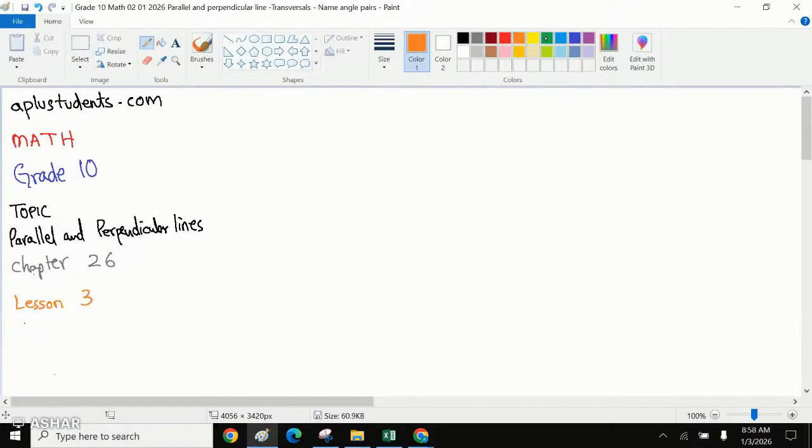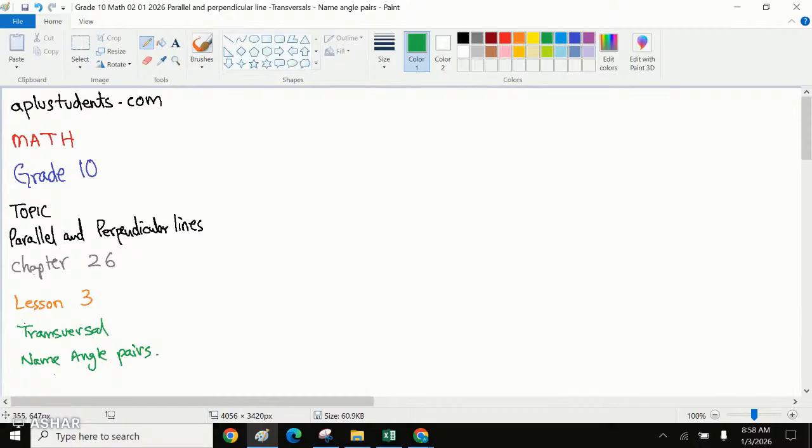The name of the lesson for today is Transversal and naming transversal, in which we will name angle pairs, right? So we will look at what kind of angles are possible, right?